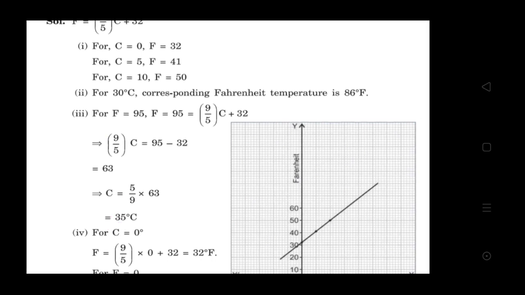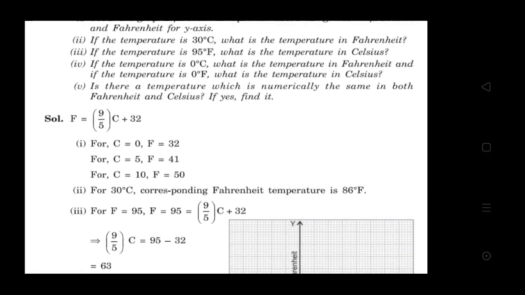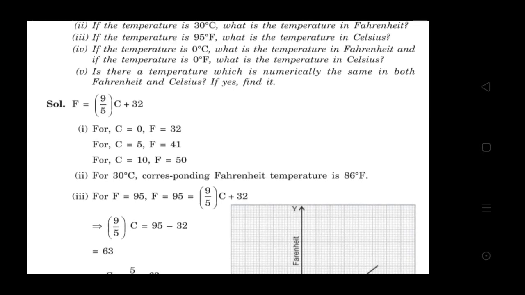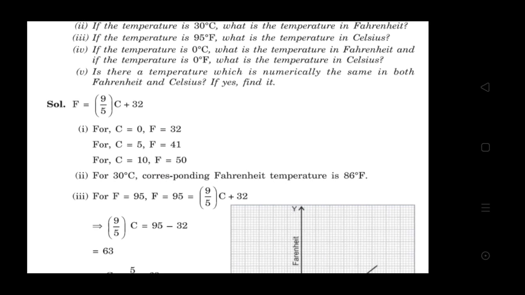Next, in question number 4, if the temperature is 0 degrees Celsius, what is the temperature in Fahrenheit? And same like that, if the temperature is 0 degrees Fahrenheit, then what is the temperature in Celsius?